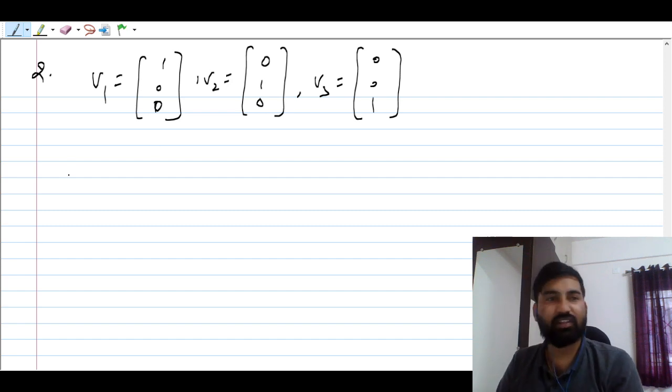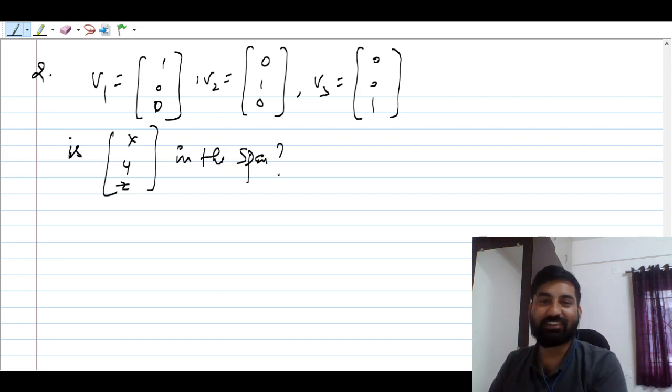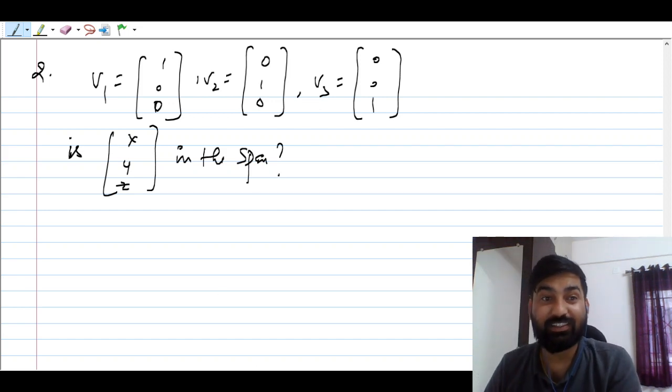Our question is whether x, y, z is in the span. Okay, so you can see that these vectors are some sort of standard vectors.